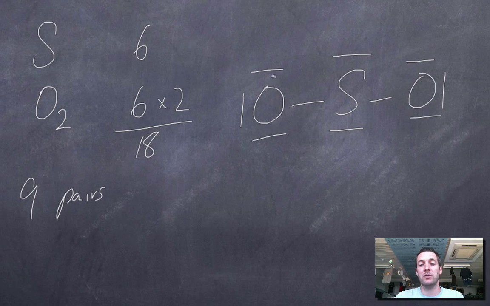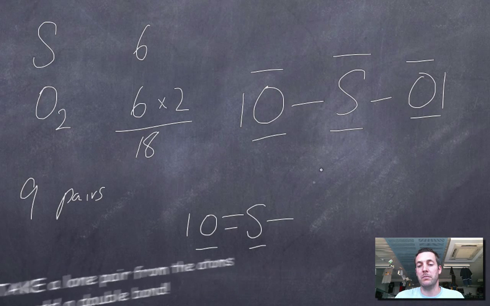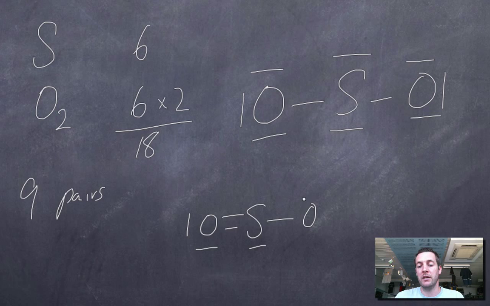Let's count up the electron pairs. I've got 4 here, I've got 4 here, and I've got another 2 there. So that's 10. That's no good. But remember, if I put a double bond in between that oxygen and the sulfur, I've now got 2 electron pairs around the sulfur here. I give it a lone pair and a bonding pair that it already had.